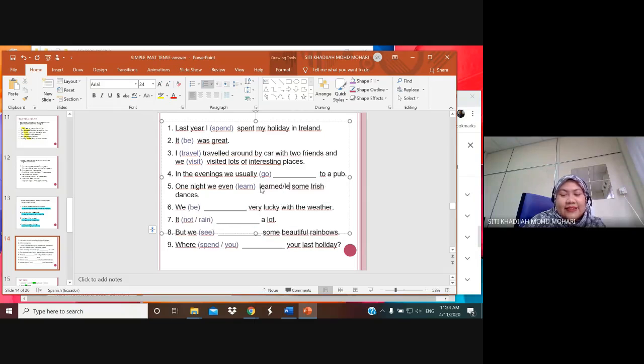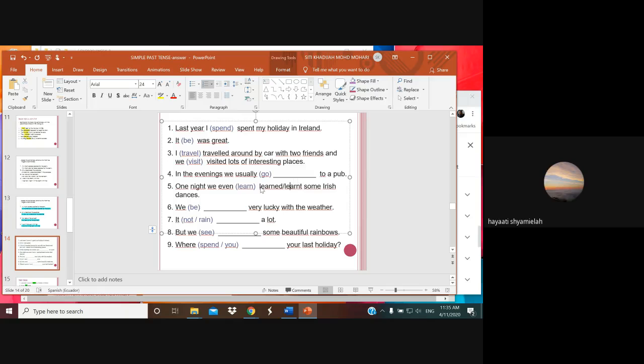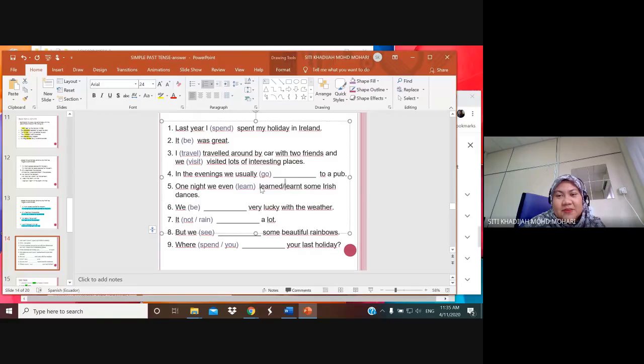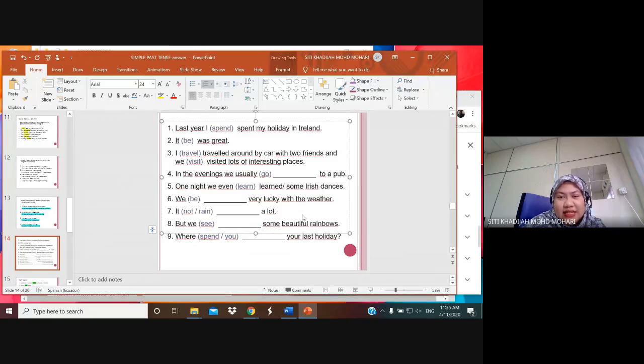Okay, how about this? Is this correct? No. This is the past participle. Later on we will look at what it means by past participle. So this is the past participle form of learn. So the answer is the first one usually.